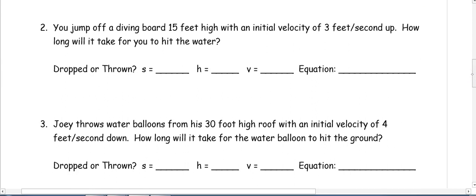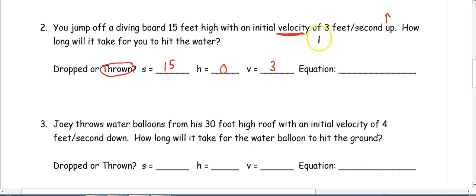Number two, you jump off a diving board 15 feet high with an initial velocity of 3 feet per second up. So that means our velocity is going to be positive. How long will it take for you to hit the water? So we don't see the word throw or drop in there, but anytime that there is a velocity involved in the problem, it's going to be a throw equation. So the start height is that you are on a 15-foot high diving board. The end height is when you hit the water, so again 0. And our velocity is going to be positive 3 because we are going up.